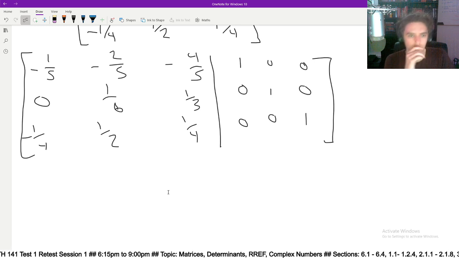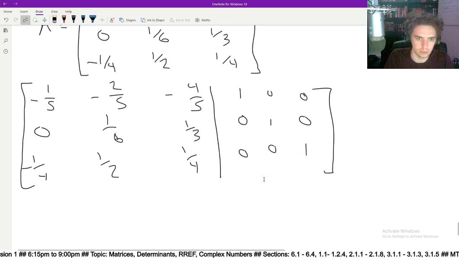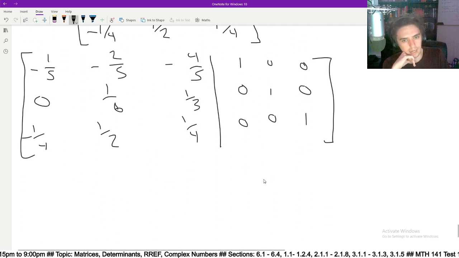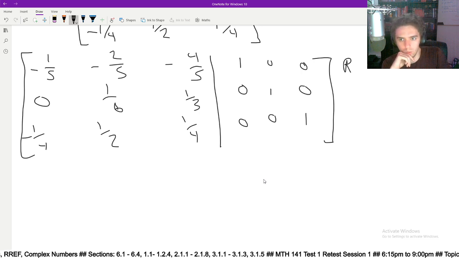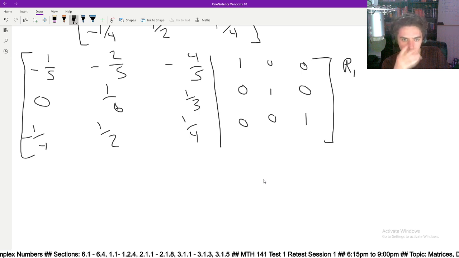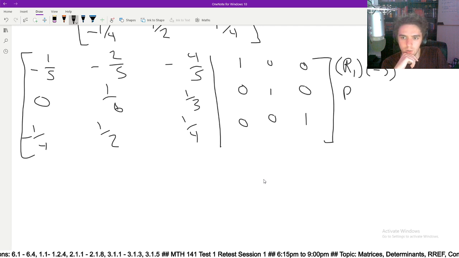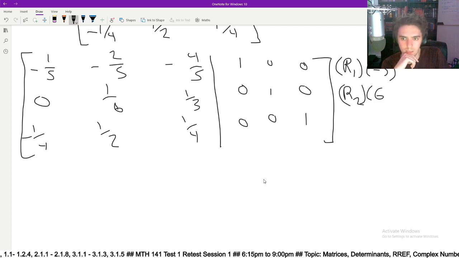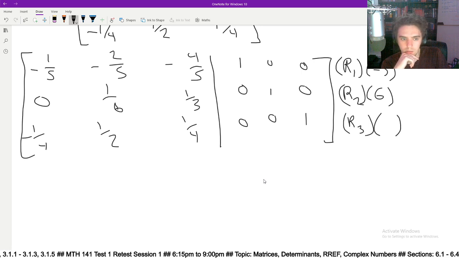So, first things first, I'm going to multiply row 1 by 5 because it's all denominator of 5. Okay, and I'll multiply row 2 by 6. So row 1, in fact, I'll do negative 5. So row 1 times negative 5, row 2 times 6, and row 3 times 4, not negative 4.